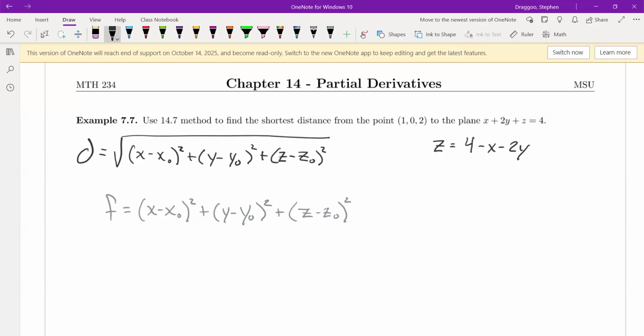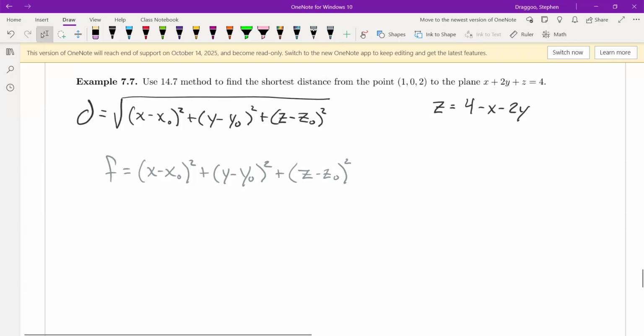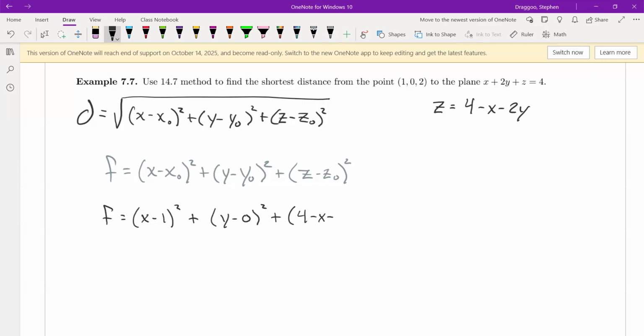And then I'm going to substitute that thing into my function. So this thing will look like, in the end, (x minus 1) squared plus (y minus 0) squared plus (4 minus x minus 2y minus 2) squared.